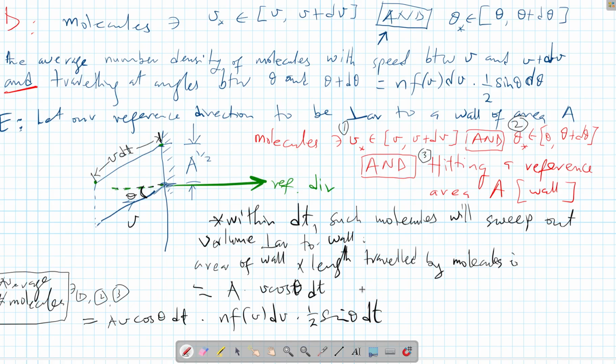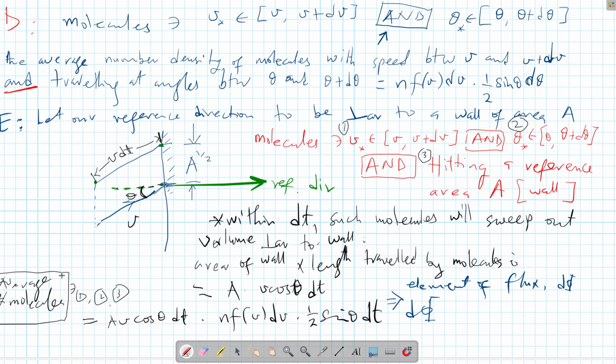So with this, we can conclude the differential element for flux. If I let flux be phi, so element of flux d phi, this is what we want to compute, right? d phi is going to be equal to this number of molecules divided by area divided by time.